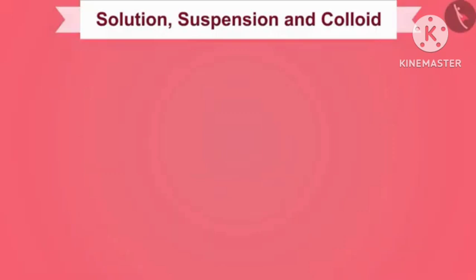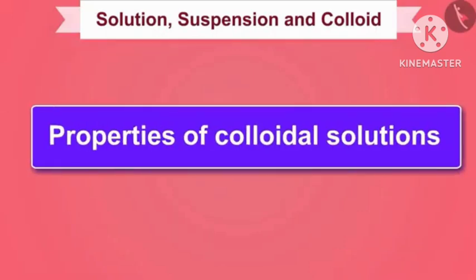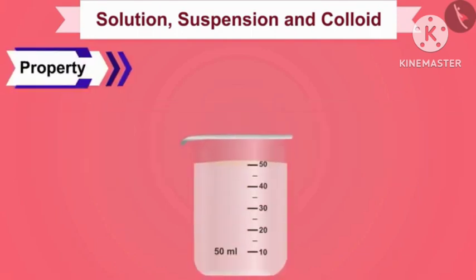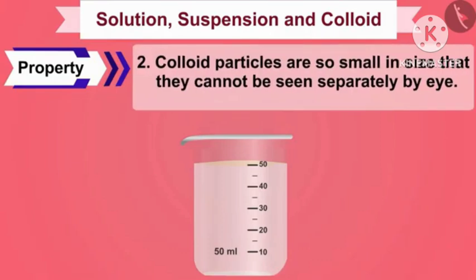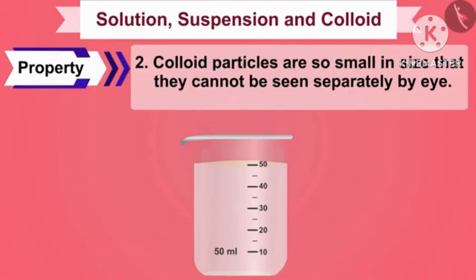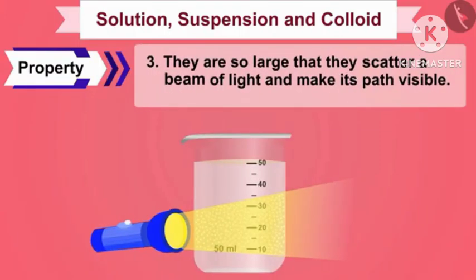Let us now look at the properties of colloidal solutions. By this activity, we can conclude that 1. Colloidal solutions are heterogeneous mixtures. 2. Colloid particles are so small in size that they cannot be seen separately by the naked eye. 3.